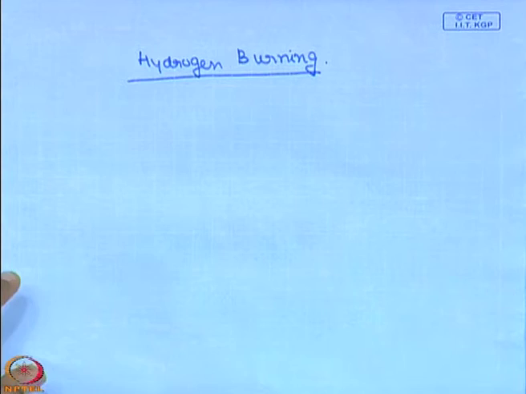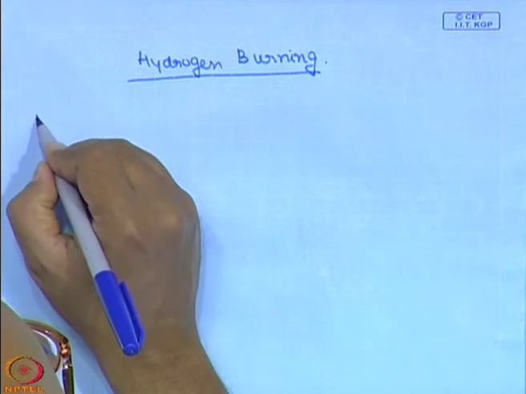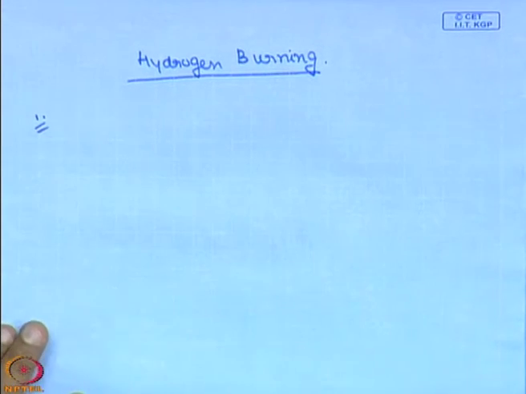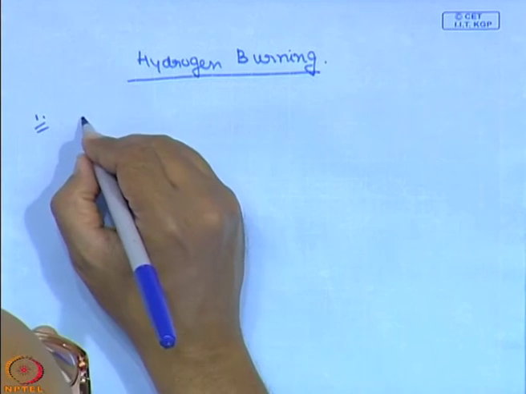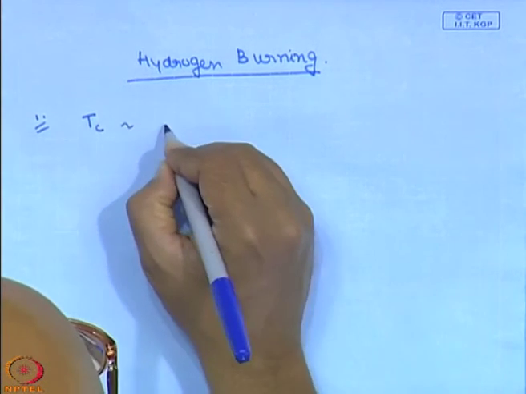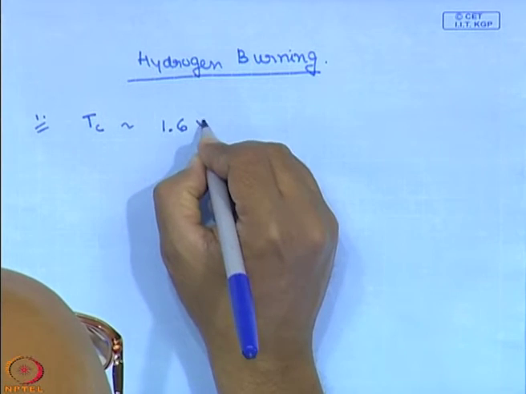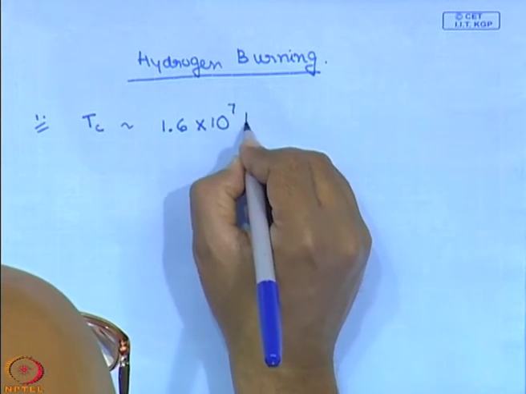The problem again has two parts. The first part, we know that the temperature at the core of the sun is around 1.6 into 10 to the power 7 Kelvin.